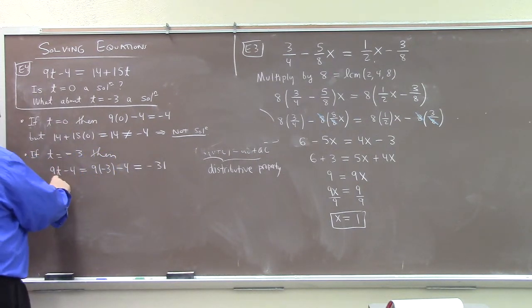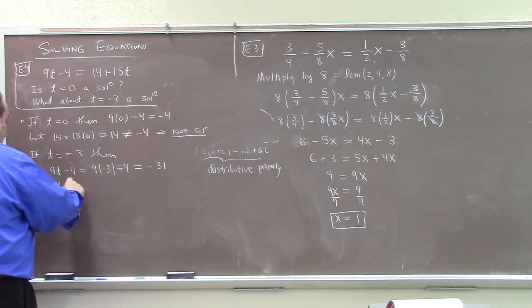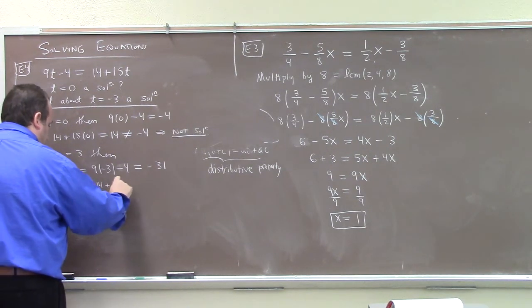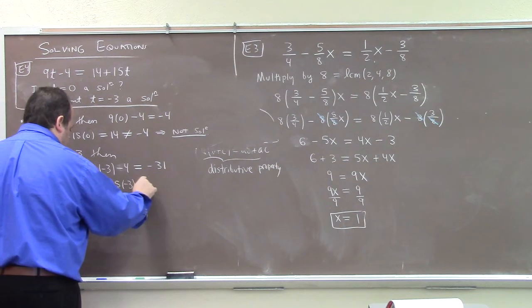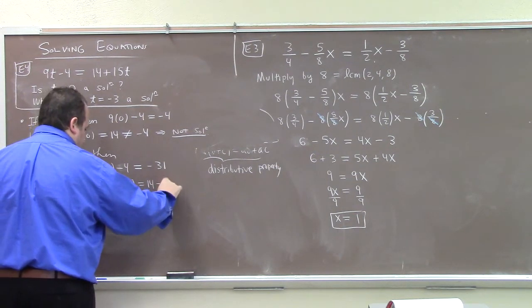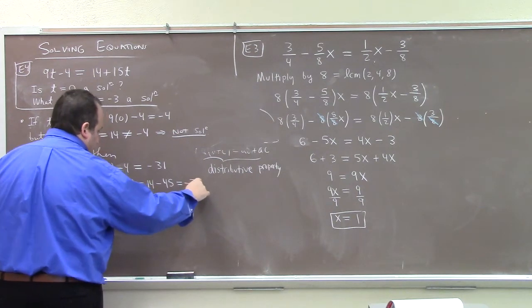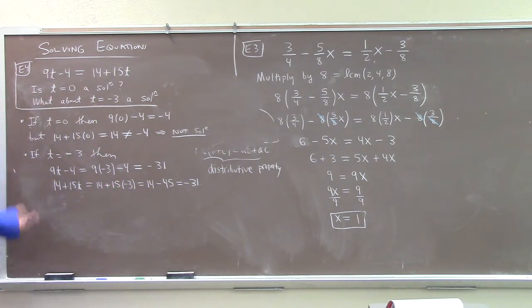And on the other hand, 14 plus 15t is equal to 14 plus 15 times minus 3, which is 14 minus 45, which is also equal to minus 31. So yes, t equals minus 3 is a solution because when I plug it in, it works.